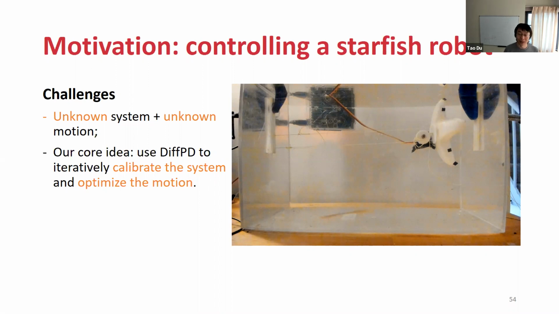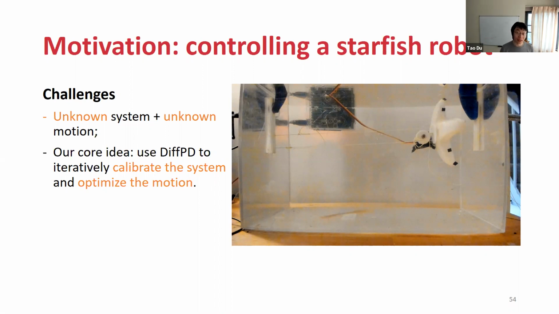The goal is to come up with a very good controller that can move the starfish forward along the horizontal direction, from right to left, as fast as possible. This brings in a few very challenging problems. The first one is that we're actually trying to solve two sub-problems at the same time.